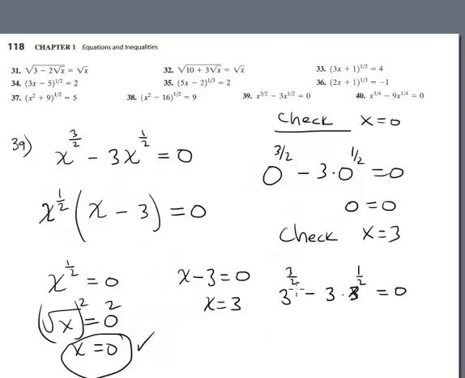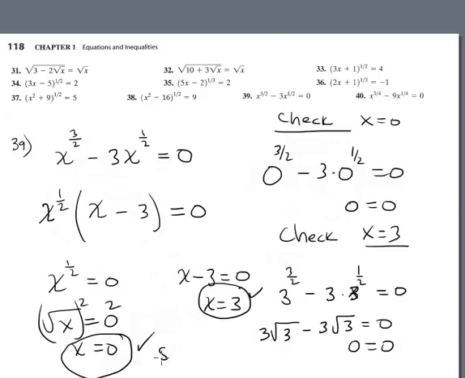This is like a square root, 3 to the third power, so it's the square root of 3 to the third, minus 3 times the square root of 3, and this is 0. So 0 equals 0. Now solution 3 is okay also. Both solutions are perfect. The solution set is 0 and 3.